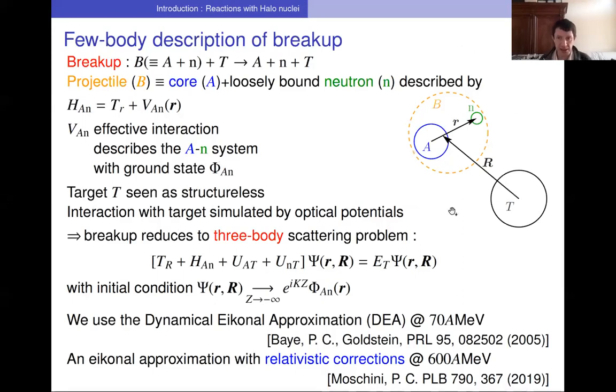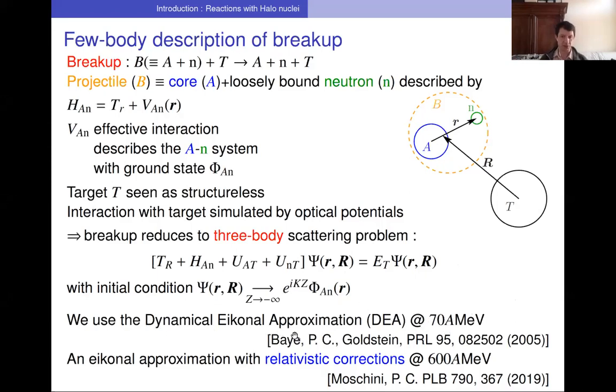Within that framework and within that Jacobi set of coordinates, we have to solve this three-body Schrödinger equation with the initial condition that the projectile is in its ground state and impinging on the target. At the energies considered here, 70 MeV and 600 MeV per nucleon, the eikonal approximation is reliable. We will use a dynamical eikonal approximation at 70 MeV per nucleon.